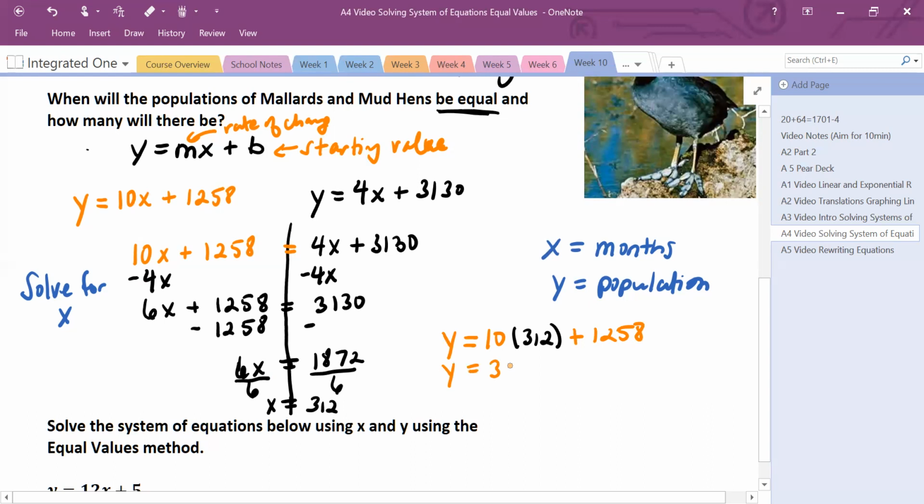So this ends up being 3,120 plus 1,258. And what does that equal? 4,378. So there's our population and there's our months.